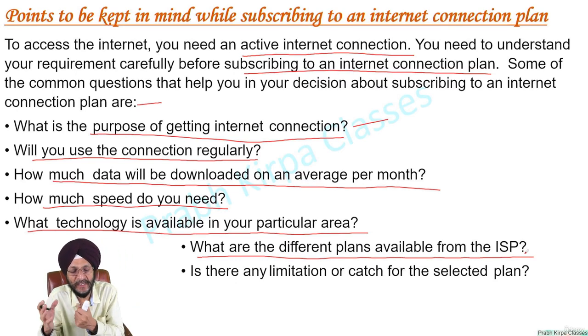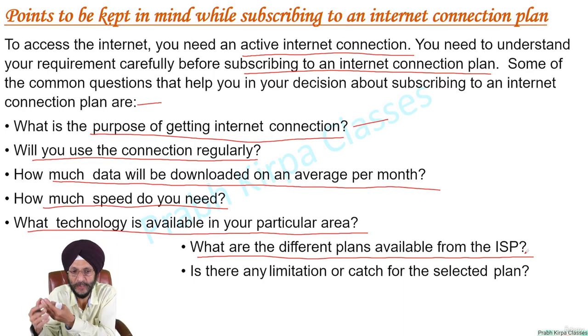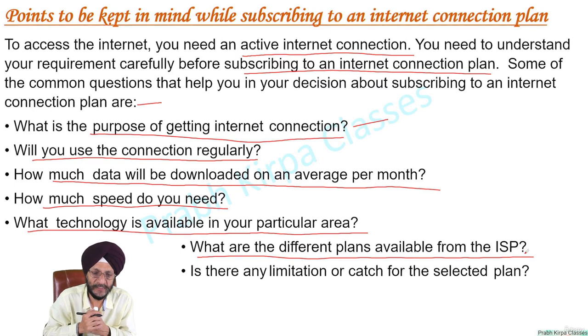Now there are many internet service providers in different parts of the city, or in each and every part of the world. Then we have to go through the different plans. What is the price and what type of service they are providing us? Suppose one provider offers 1 GB of data for $1.